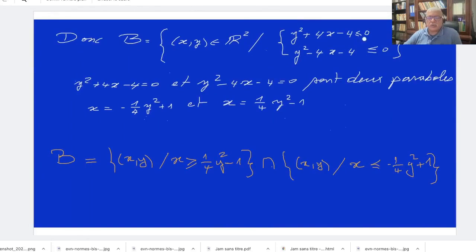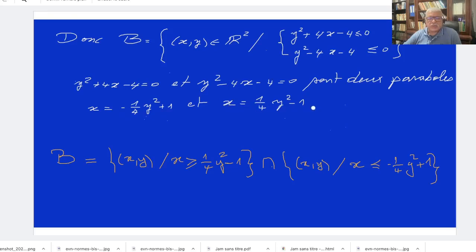Note that if we take the equalities, these two relations will define two parabolas that we express in the form of x as a function of y. The first gives x equals minus one quarter y squared plus one, and the second gives x equals one quarter y squared minus one.